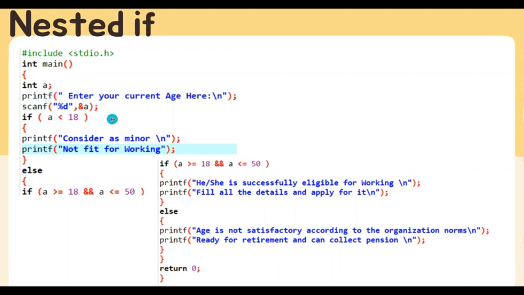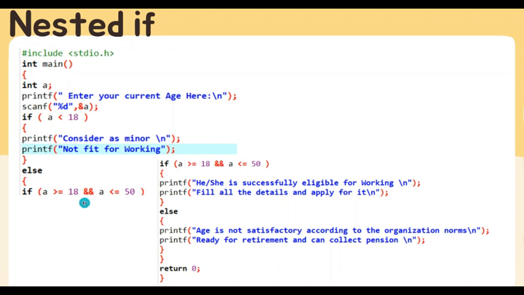Suppose I take age as 21. 21 is not less than 18, so this condition is false. It will go to the else part. Again here we have another condition: a is greater than or equal to 18 and a is less than or equal to 50.